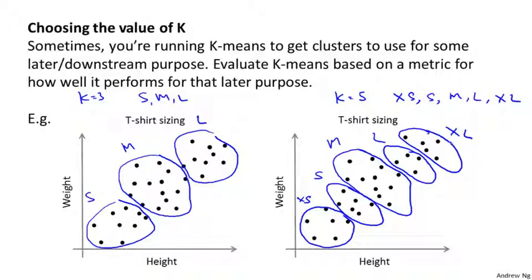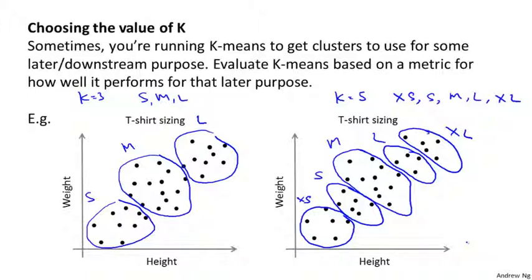What really makes sense from the perspective of the t-shirt business in terms of whether I want to have more t-shirt sizes so that my t-shirts fit my customers better, or do I want to have fewer t-shirt sizes so that I make fewer sizes of t-shirts and I can sell them to the customers more cheaply? And so it's the t-shirt selling business that might give you a way to decide between 3 clusters versus 5 clusters. So that gives you an example of how a later downstream purpose, like the problem of deciding what t-shirts to manufacture, can give you an evaluation metric for choosing the number of clusters.